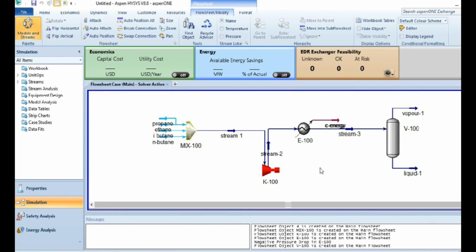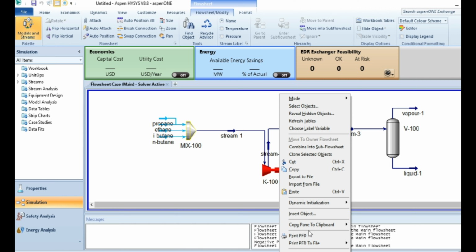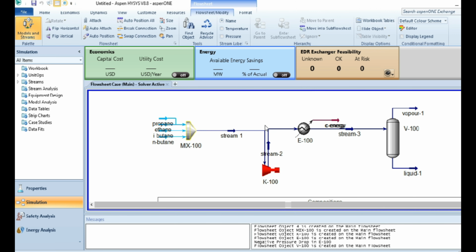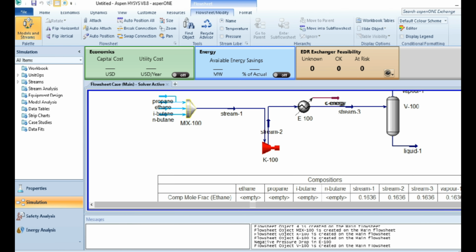In case you want to see the whole result obtained from each stream and each unit, from the first to the last, let's say you want to see an ad hoc table. Let's say material, or composition.